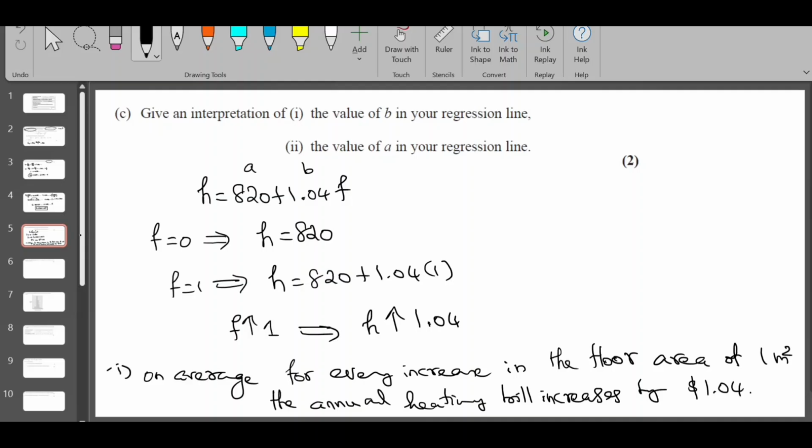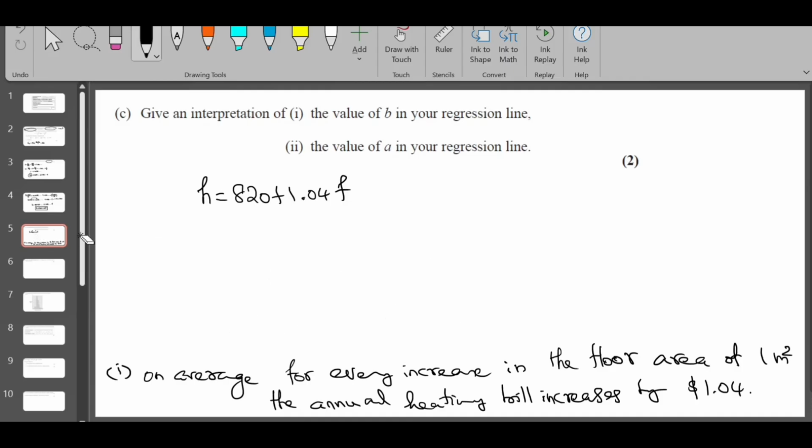That's the answer for part i. So you just need to write this sentence, that's all.